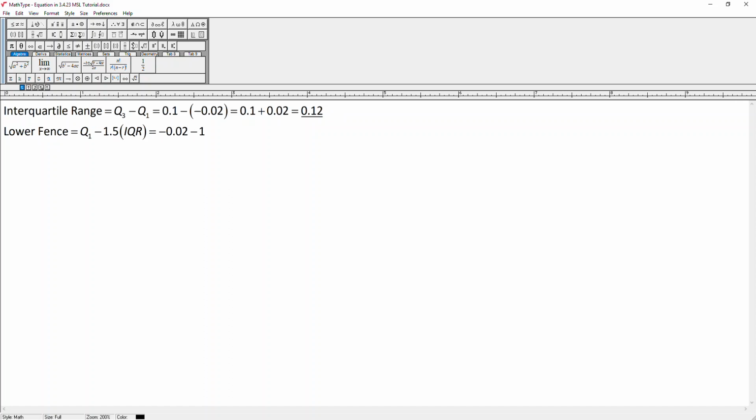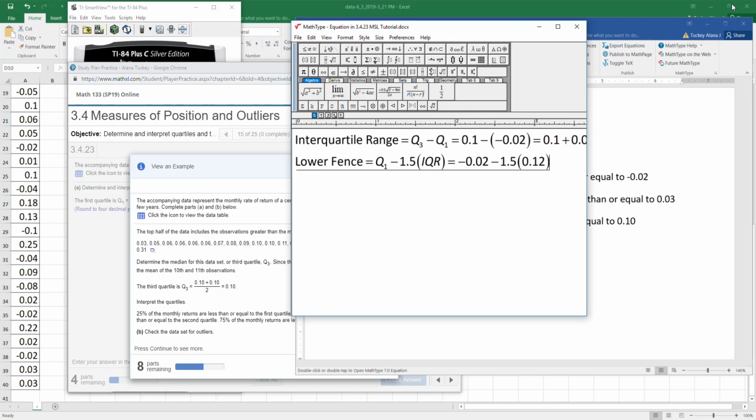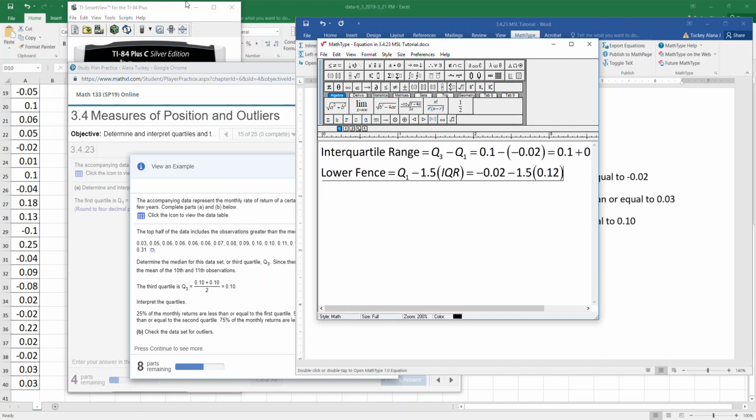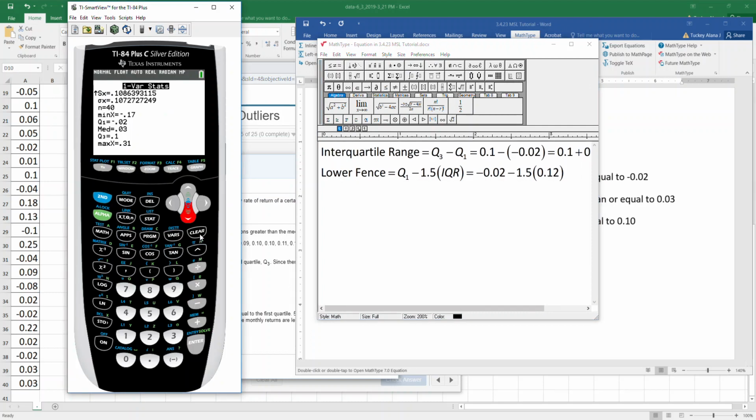I'm going to subtract 1.5 times 0.12 because that's the IQR I found above. And I'm just going to make the calculator do this. Clear, negative 0.02 minus 1.5 parentheses 0.12, close my parentheses, enter. And my lower fence is negative 0.2.